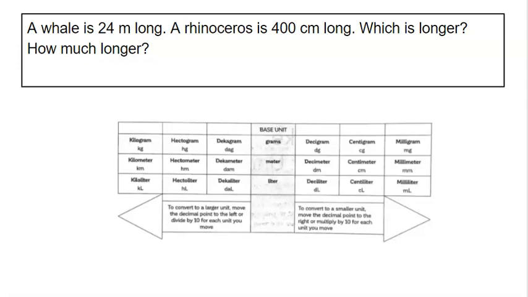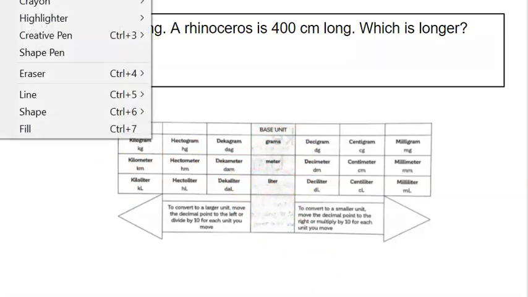So I need to put the whale in centimeters, or I need to put the rhinoceros in meters so that I can compare the same things. Okay, so let's look at what a meter is. So that is my base unit when I'm looking at meters.